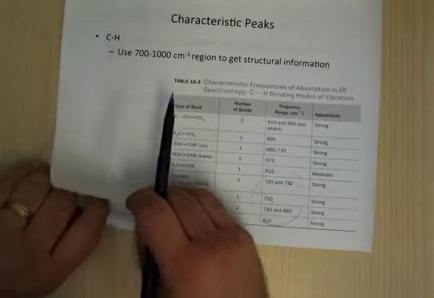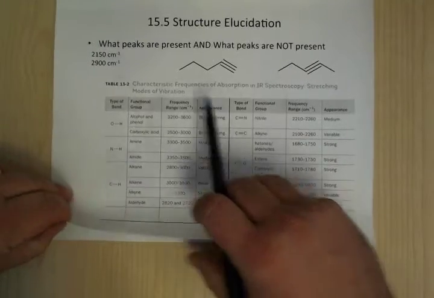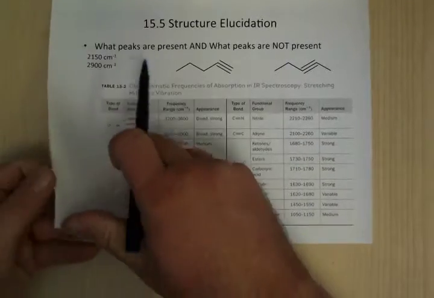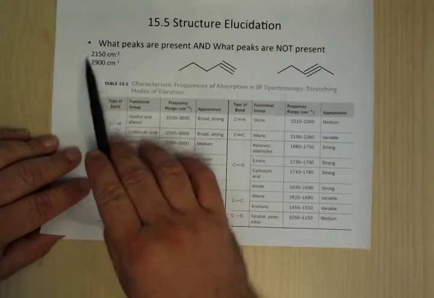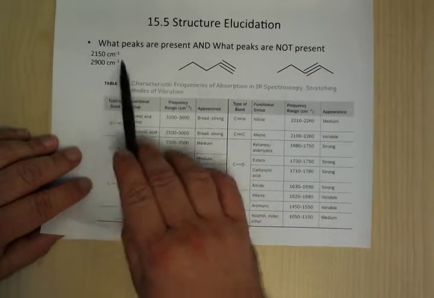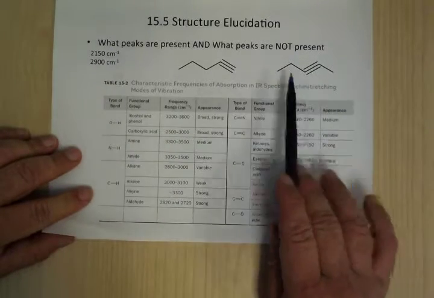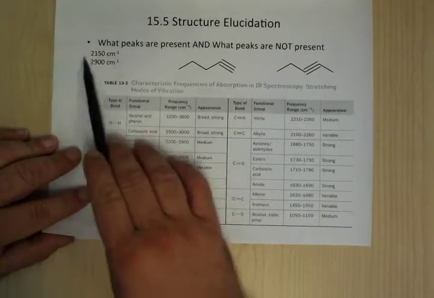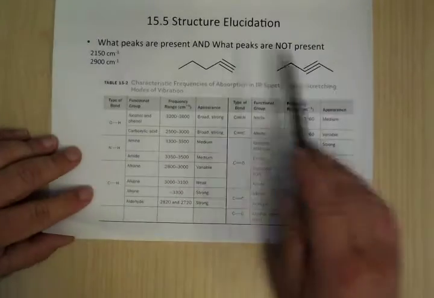Okay, so how do we do the structural elucidation? Okay, so what we do is I'm going to give you these peaks. The spectrum comes out, and you say, okay, you have a sample, you know it's either this or this. You take an IR. This is the spectrum. These are the characteristic peaks that you get. What is it? Which one is it?